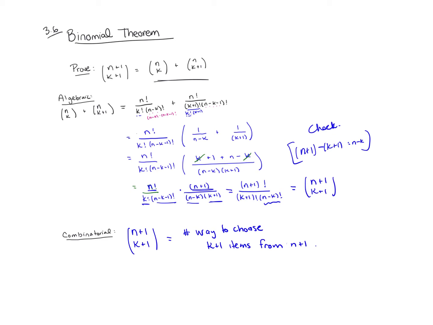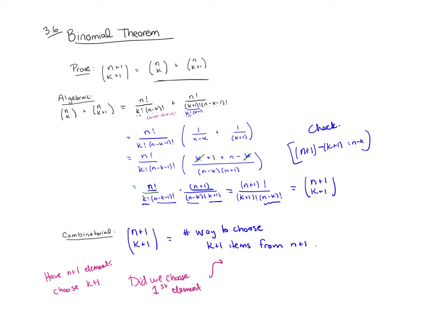So the question I want to ask myself is, I'm going to have n plus 1 elements, and I want to choose k plus 1. Well, let's put the question first, and then we'll draw the arrows. So we want to ask ourselves, did we choose that first, whatever the first element is?